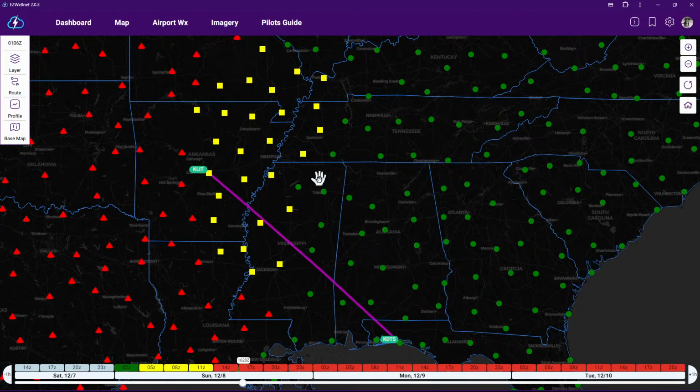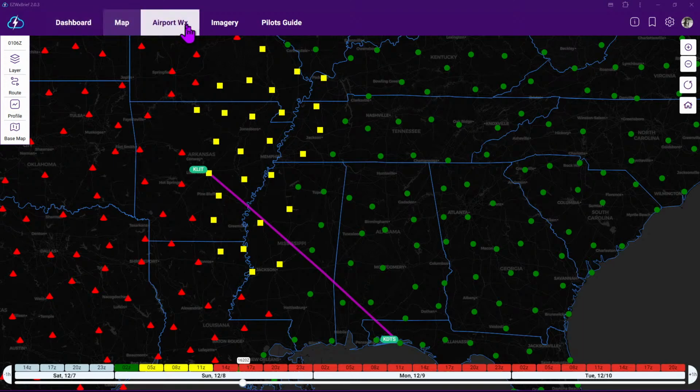Doesn't mean that you have to go there. When you decide to depart, you may end up finding another airport really close to Little Rock if there happens to be some issue. You're going to look at the current observations at that time, but at least for the big picture that we're looking at now, the green areas are certainly safe havens if we can't make it all the way to our destination.